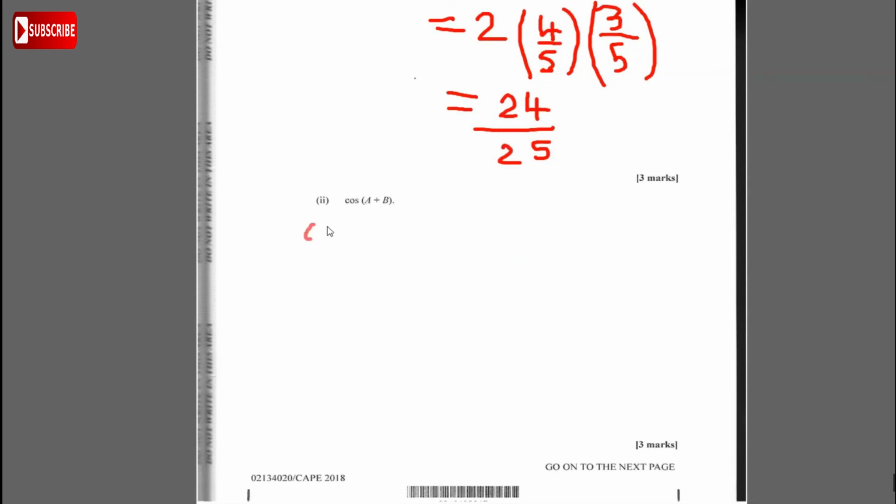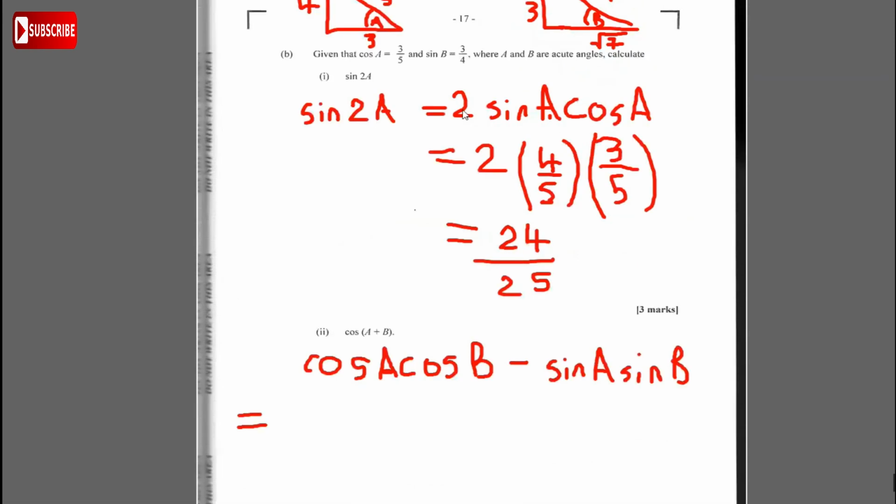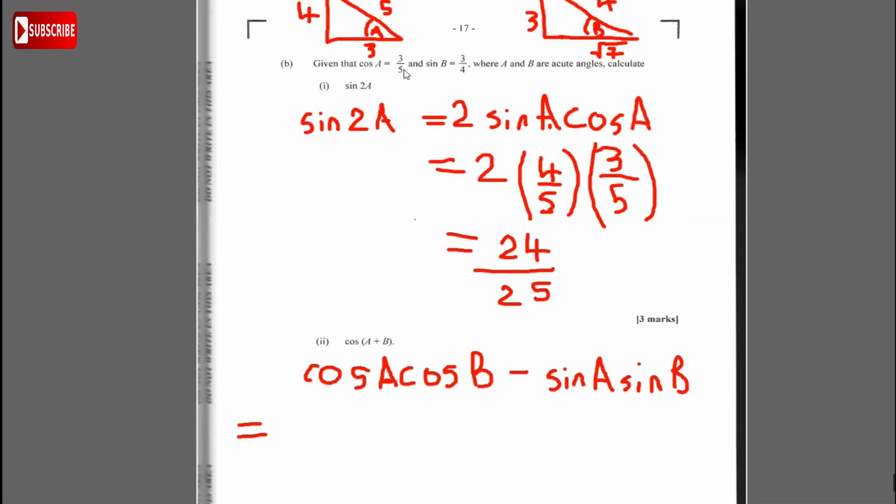Now here, you're asking us what is cos A plus B. For cos A plus B, we have to remember the compound angle formula. Cos A plus B is cos A cos B minus sine A sine B. Once you remember this formula, we're good to go. So that's going to be equal to cos A cos B. Cos A is 3 over 5.